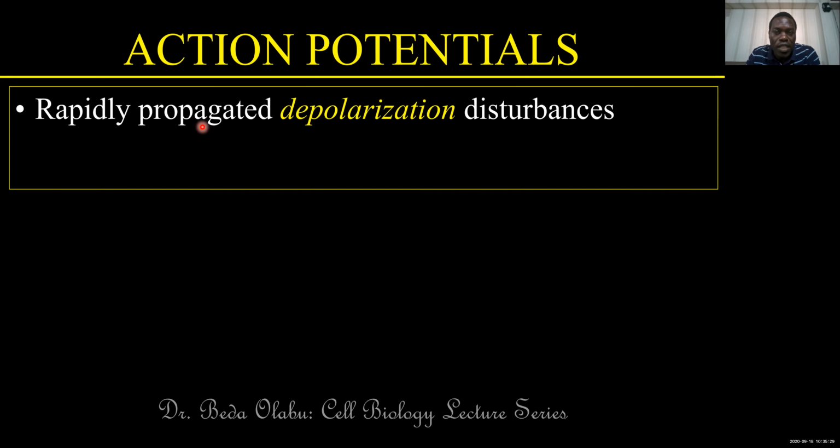It's not a constant thing. It's a wave that is moving. It's a depolarization, which means it is a time when the inside is positive and the outside is negative. Remember, polarization is when the inside is negative and the outside is positive.